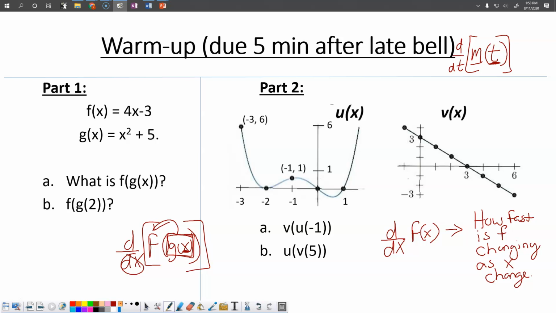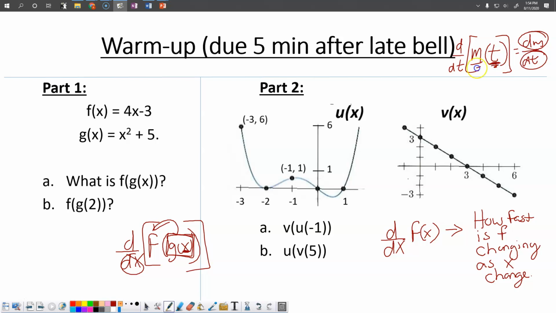So that will mean that you're making like $10 an hour. So the derivative of m with respect to t would basically be your hourly rate, or maybe your weekly rate of how much money you make, right? So that would be like dm over dt. So this is the change in the amount of money over the change in time. So dollars per hour or something like that, right?